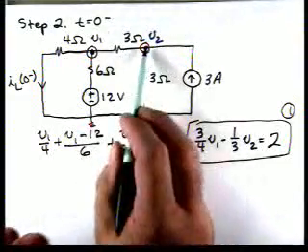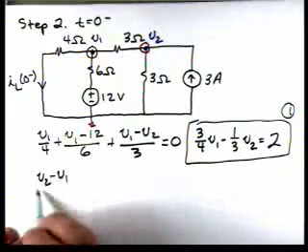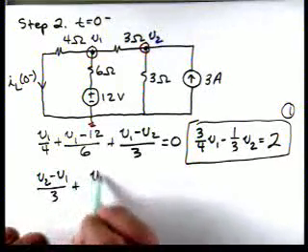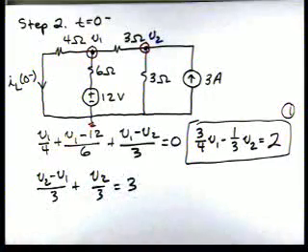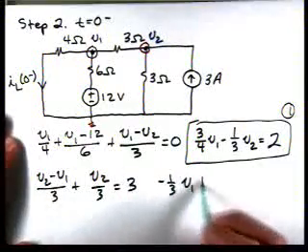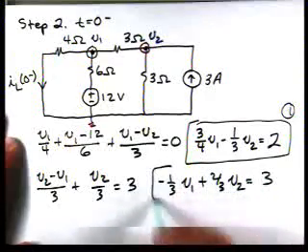Let's do KCL at this node. We'll have V2 minus V1 over 3 plus V2 over 3 equal to 3. So now we have minus 1/3 V1 plus 2/3 V2 is equal to 3.